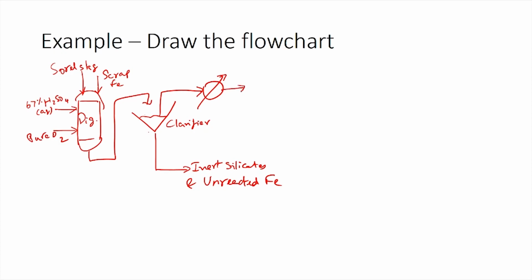This slurry is then fed to a filter, where all the crystallized FeSO4 is removed and only the solution of TiOSO4 leaves. The solution of TiOSO4 is then taken to the evaporator.